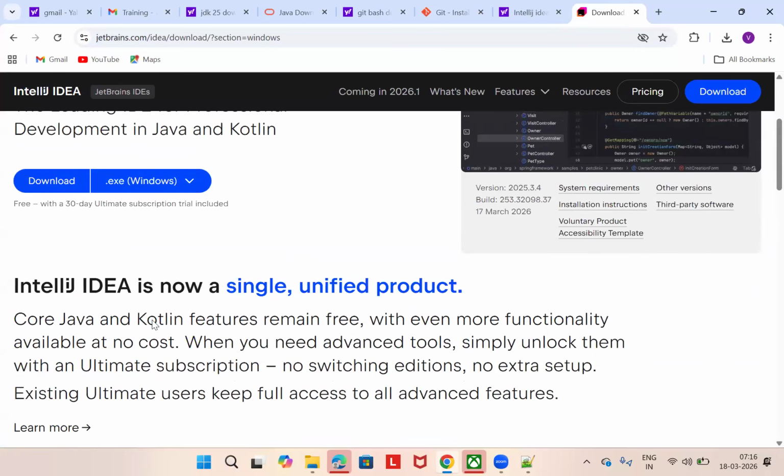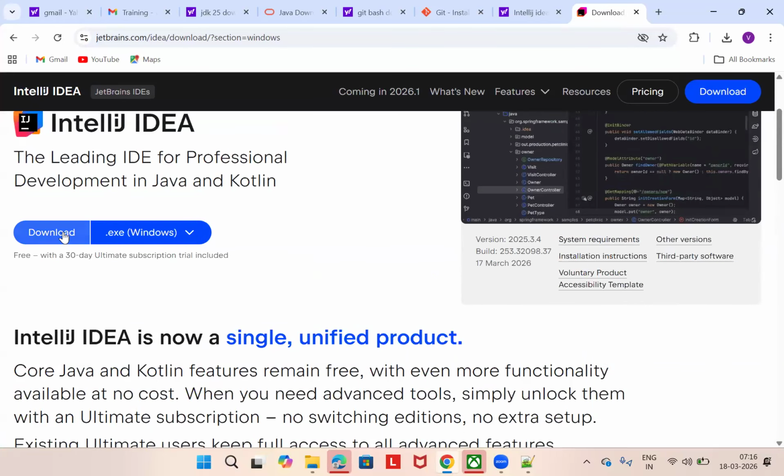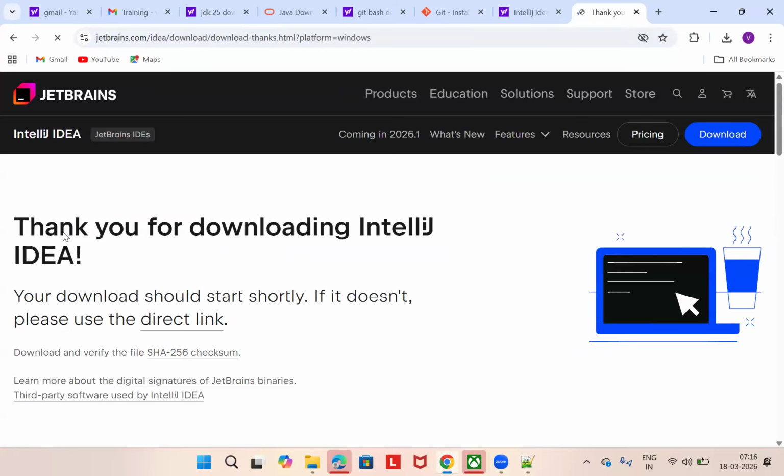So now IntelliJ is a single unified product. So what will happen here? The moment you install IntelliJ, for the first 30 days, you will be getting the full premium version of IntelliJ. After 30 days, if you want to continue with the subscription, you can pay the amount. Else, there is something called the community version. After 30 days, it will roll back to the community version of IntelliJ.